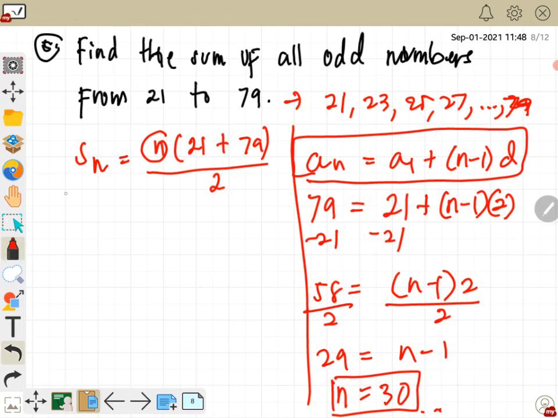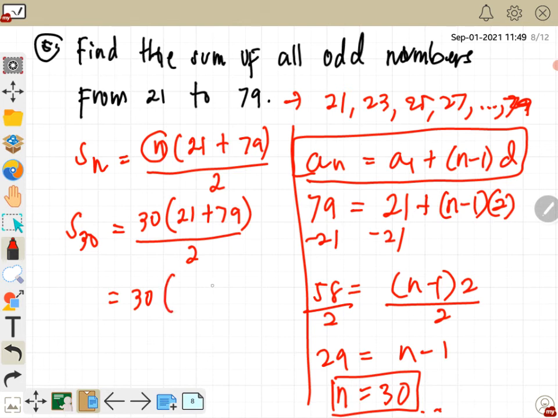So that is simply like asking, what is the sum of these 30 terms? So you say 30 times 21 plus 79 divided by 2. That is simply 30 times 100 divided by 2.